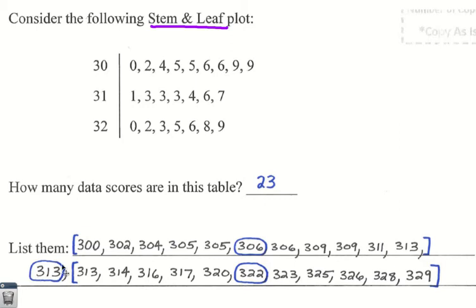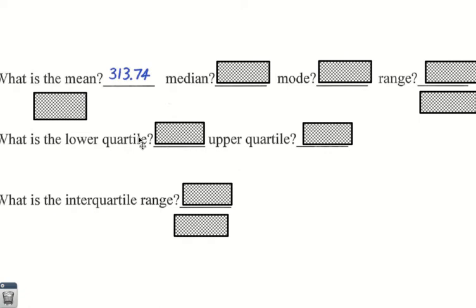So here's our median, this value of 313, which splits the data in half because there would be 11 numbers lower, well, not necessarily lower, right? Because look, one of these numbers is the same, so I guess you should say 11 numbers to the left of this one, and then 11 numbers to the right. 1, 2, 3, 4, 5, 6, 7, 8, 9, 10, 11.